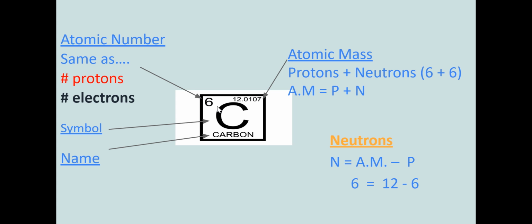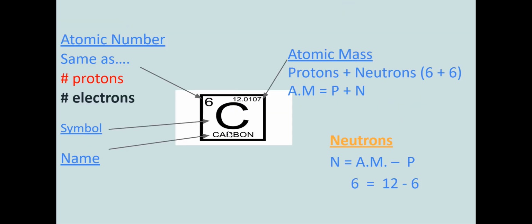The atomic number is the number of protons. It's also the number of electrons, because we are assuming that these elements are neutral, that they don't have any charge at all. So the atomic number is the same as the protons.